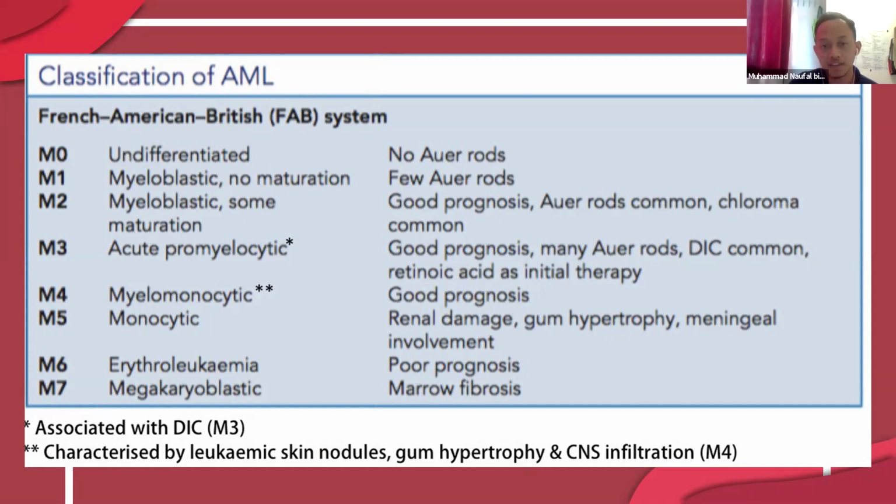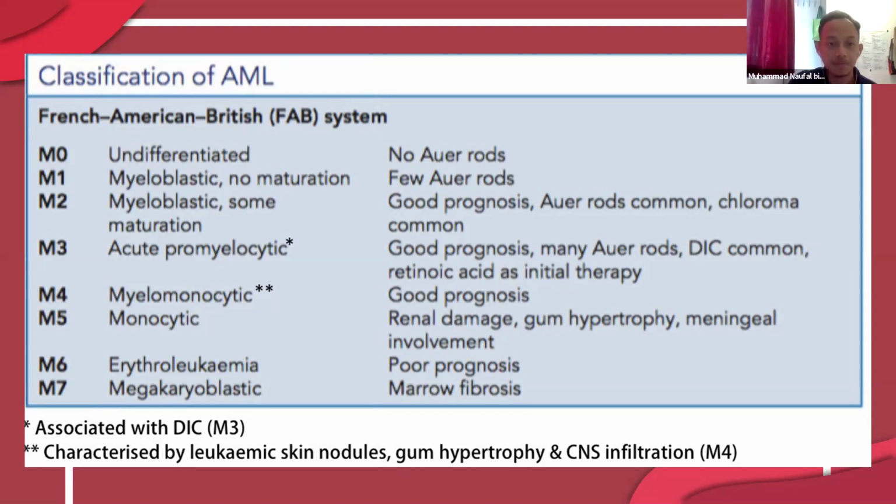This table states some features and also the prognosis of each classification. For M2, M3 and M4, the prognosis is good, and for M6 the prognosis is poor.